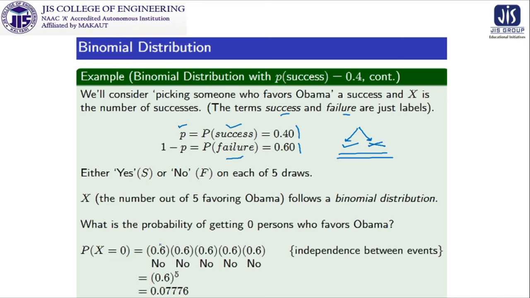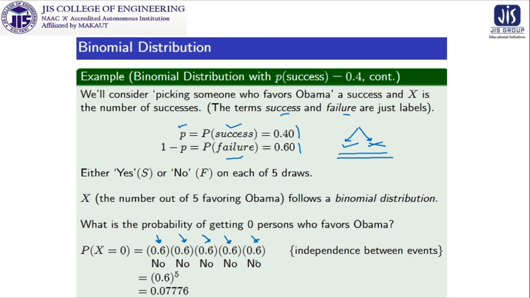The first one will not prefer Obama, with probability 0.6. The next one is also the same. The next one is also the same. The fourth one as well as the fifth one.